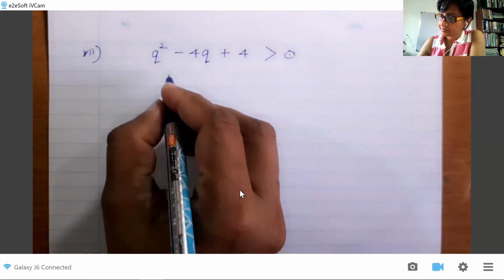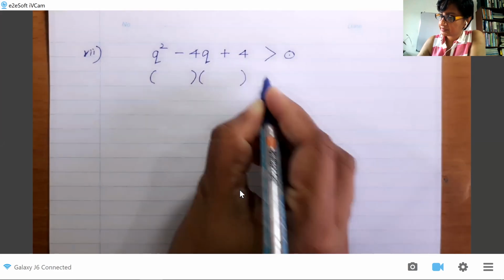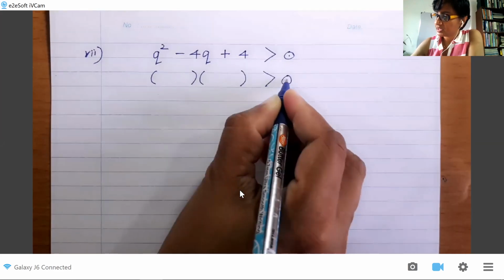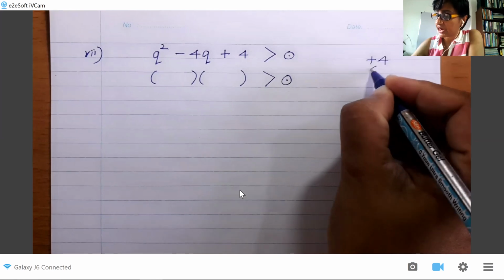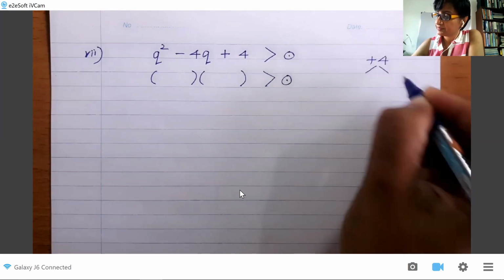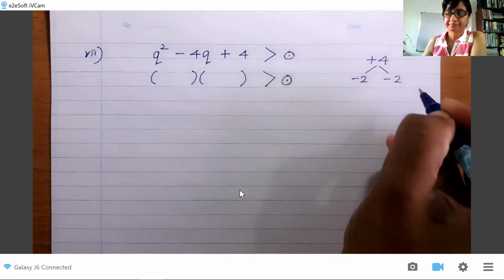Yeah. It's going to be, if I write it like that. So you're thinking of 2 factors of plus 4 that would add up to minus 4. That is minus 2 and minus 2.